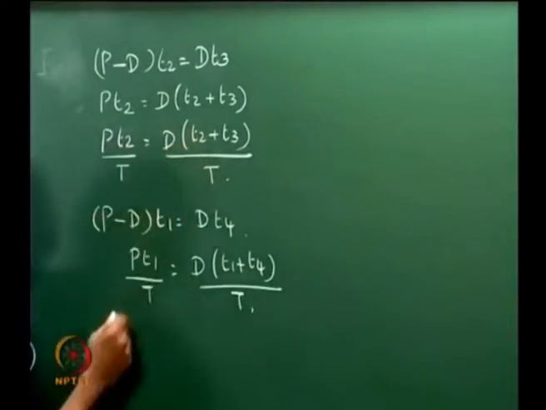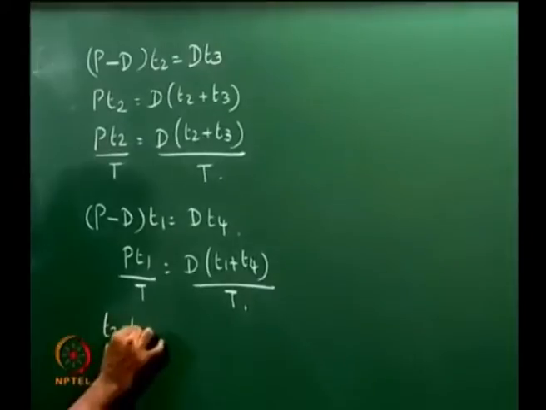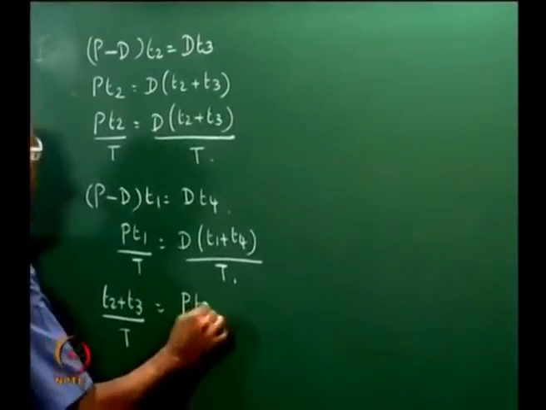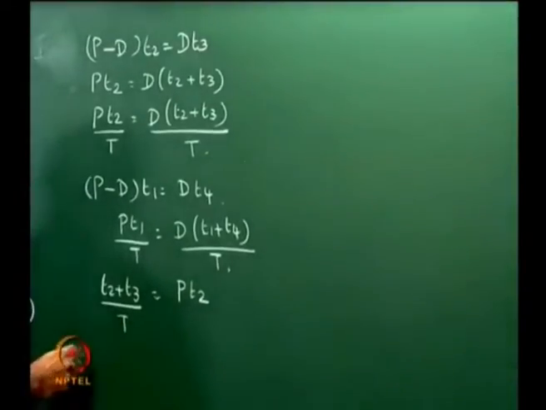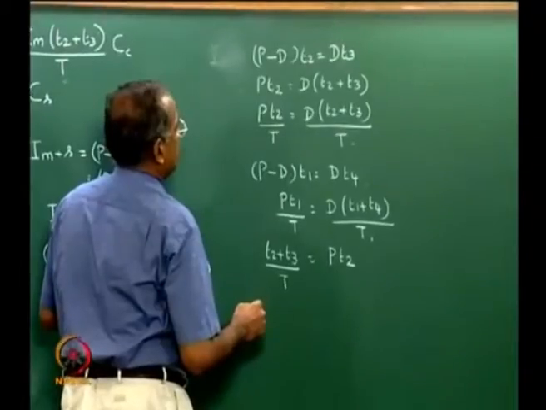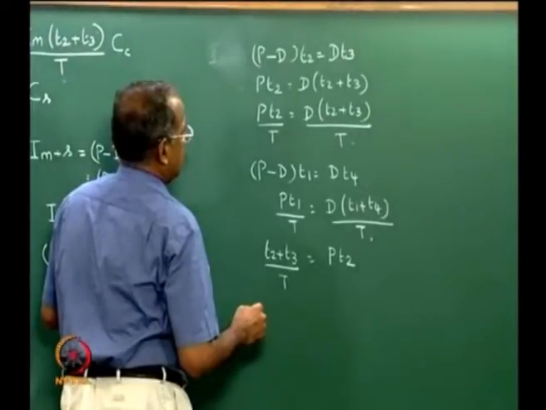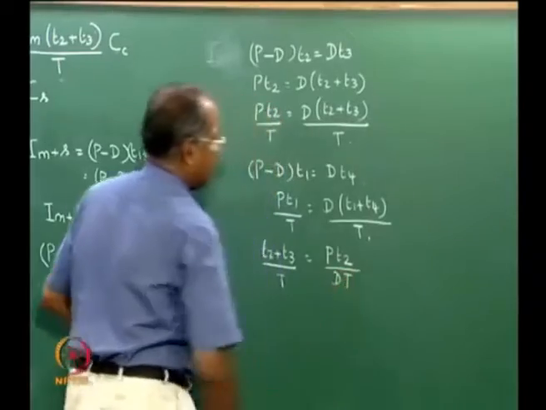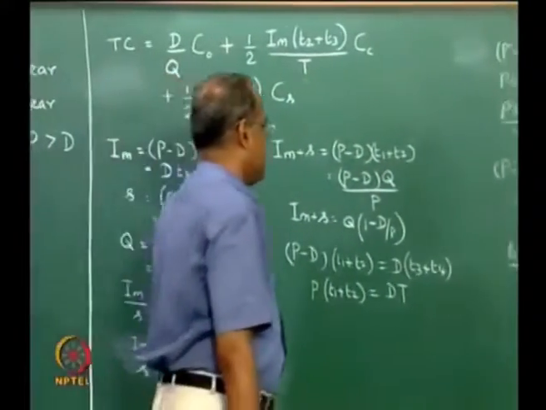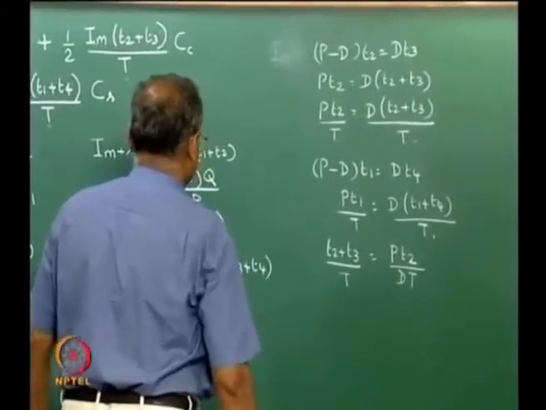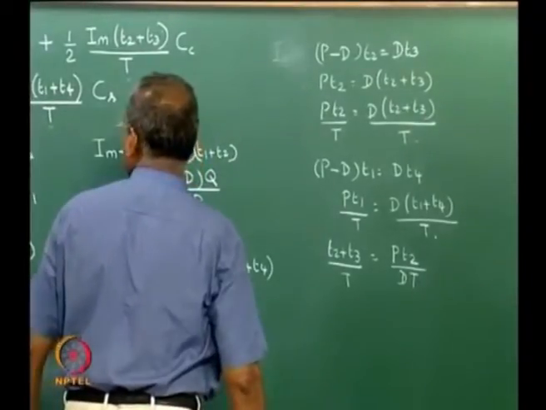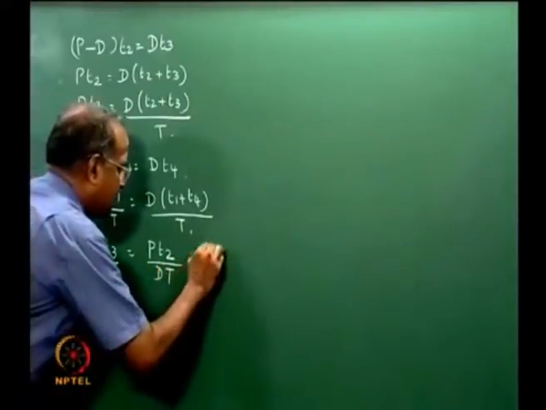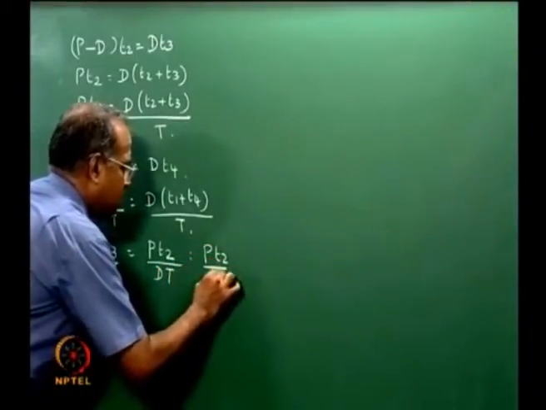Now, from this you can write (T2 plus T3) by T is equal to P T2 by dt. Now, dt is q. So, P T2 by q.